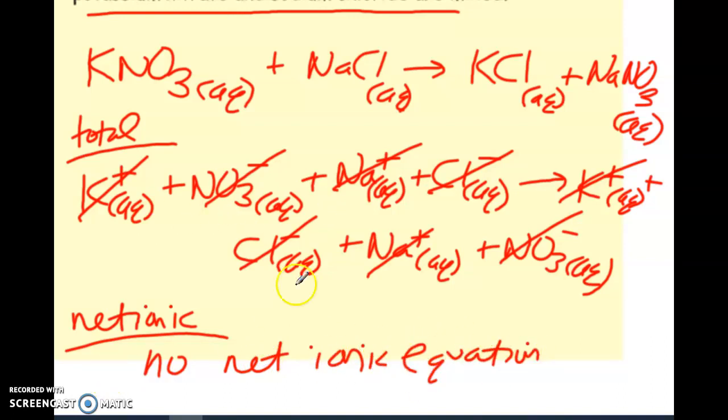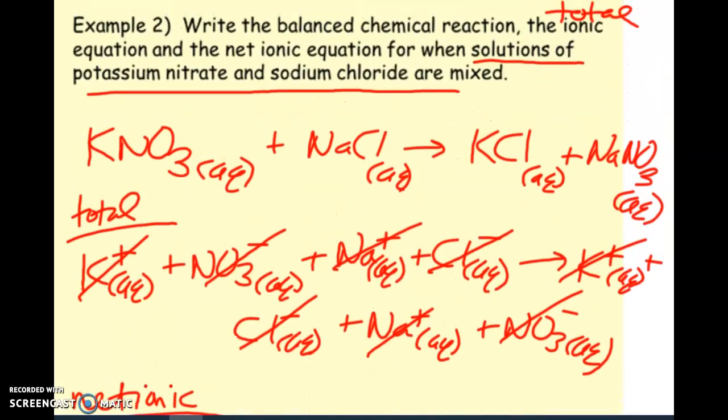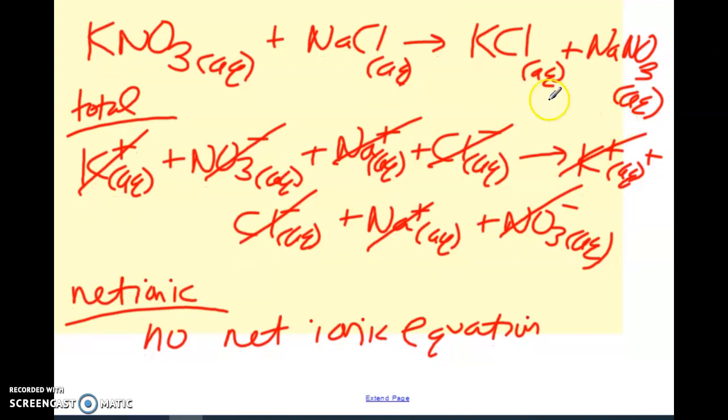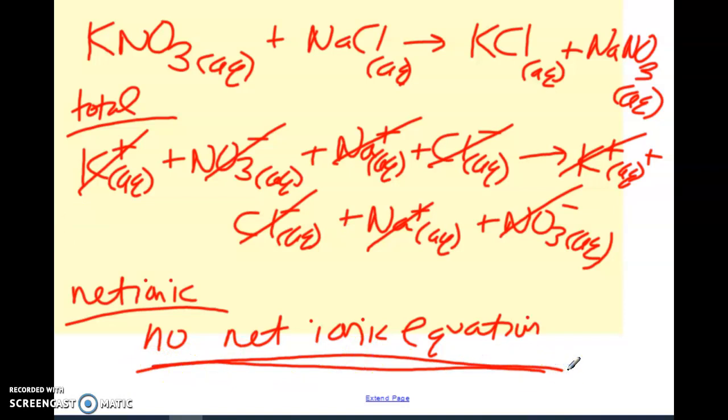And this should actually make sense. If you remember the 3 ways that we can have a double displacement that actually has a visual change, it's either a neutralization, a precipitate is formed, or gas is formed. So actually this is a case where none of that criteria is met. So you would simply write no net ionic equation.